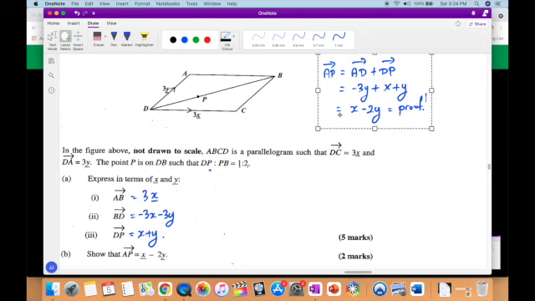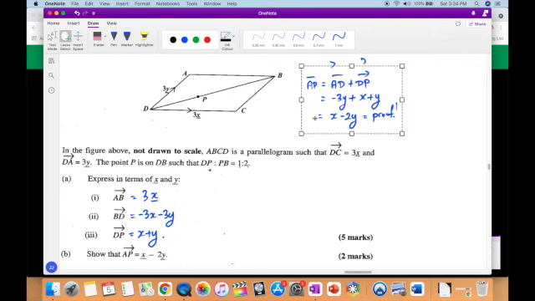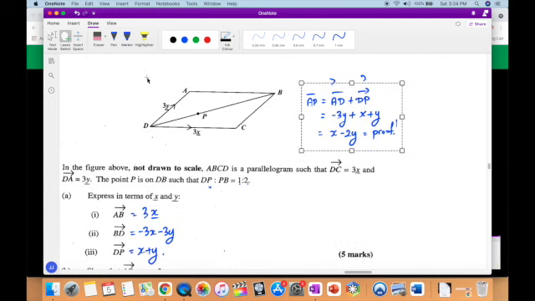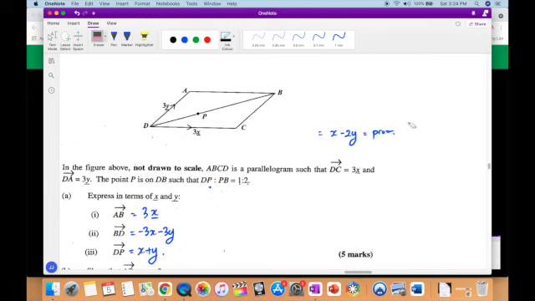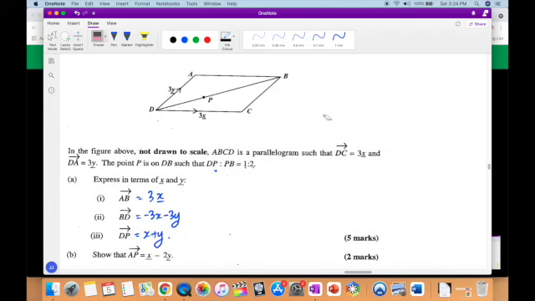No. But getting number 2 wrong should not have affected this, right? So why did you get this wrong? I didn't know what to do. Oh, but didn't you see here that all I did was a normal triangle law? Because when you are thinking about vectors, Scotia, that is what you should be thinking about: triangle law, parallelogram law, scalar multiples, equal vectors.